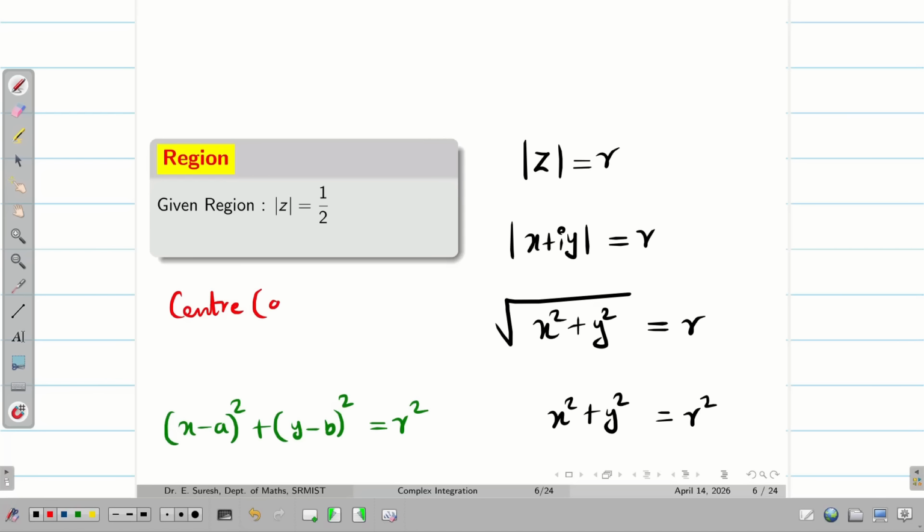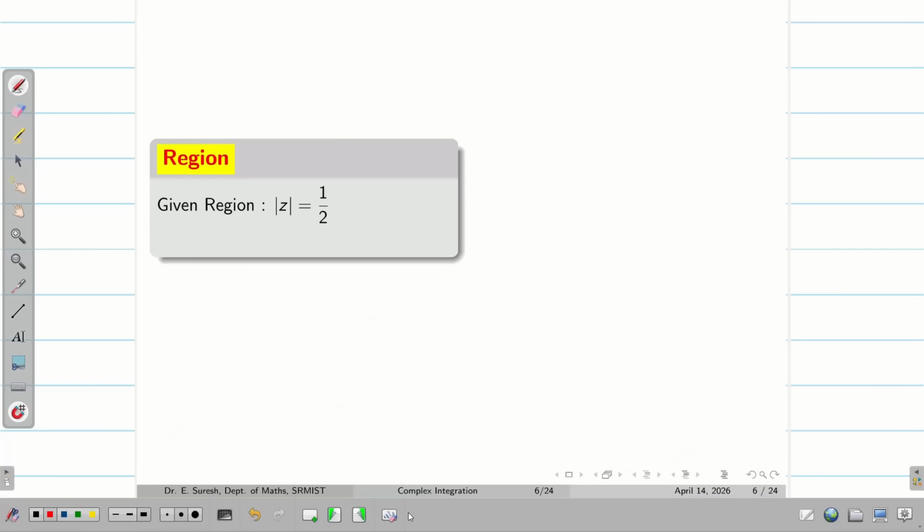Therefore, the center is a comma b. According to our problem, we have x minus 0 whole square plus y minus 0 whole square is equal to r square. So the center is 0, 0 and my radius is r. So for this problem, mod z is equal to 1 by 2, my center is 0, 0 and my radius is 1 by 2. So you can easily find the center and radius.